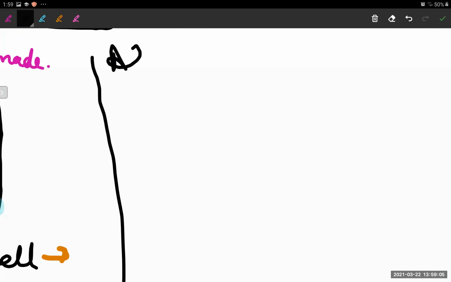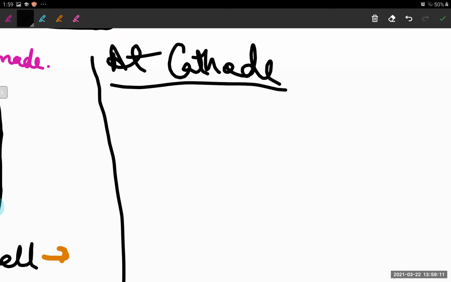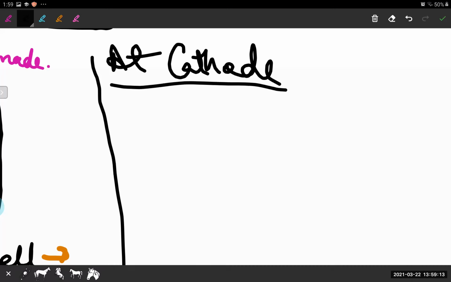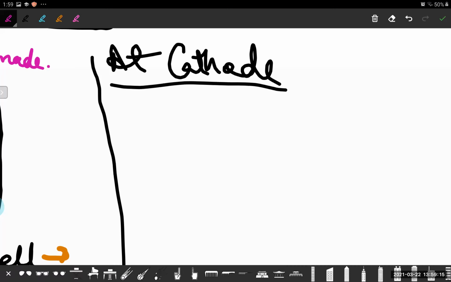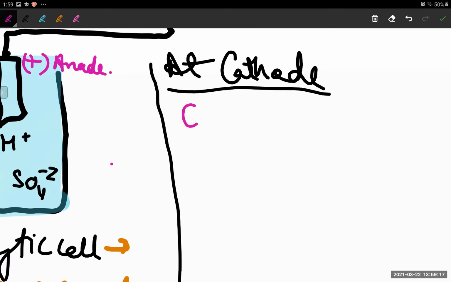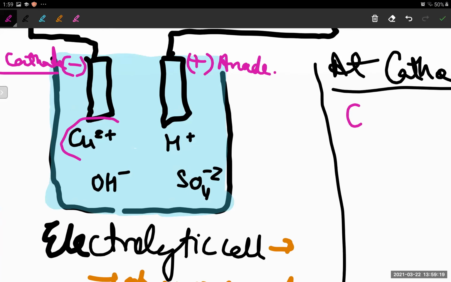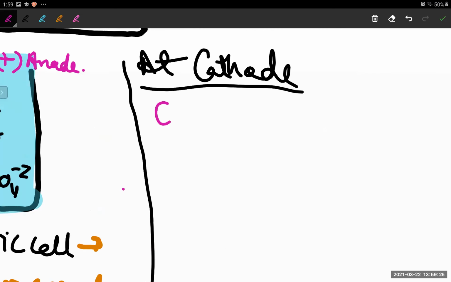First of all, write about the cathode reduction. Reaction at cathode. We know that at the cathode, reduction happens. This Cu2+, which is positive, will move to the negative, that is the cathode, right? So it will discharge its positive charge.